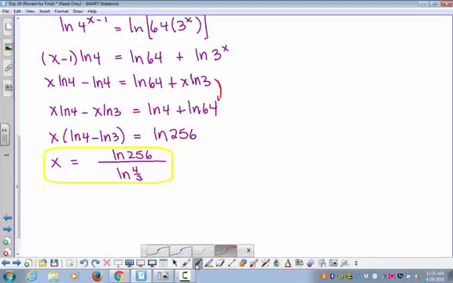So here to here is a grouping step. This has no x in it, so it stays to the right. This has no x in it, so it also goes to the right. So it's the two that have no variable, so they're just constants. The constants are going to the right, and the variables are going to the left. And then factor the variable.